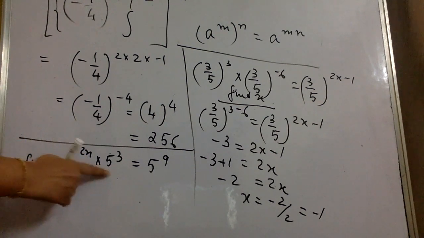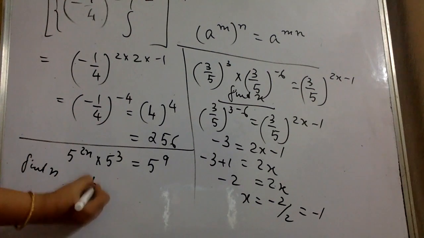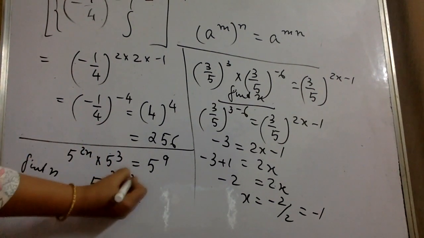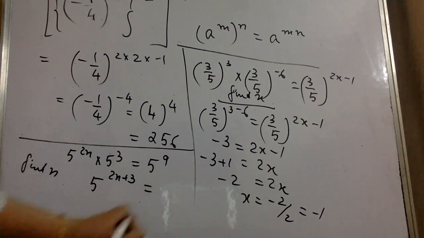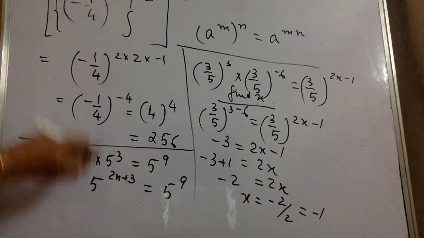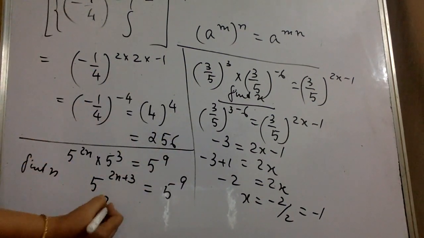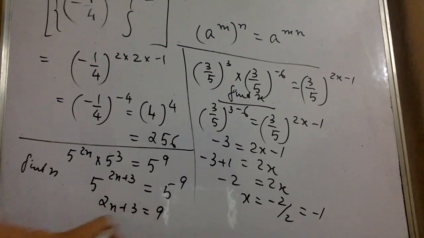Now again the base is same, let us add up the powers. This is the first law of exponents we are using: 5 to the power 2n plus 3 is equal to 5 to the power 9. Now the bases are same, the numbers are equal on both sides, hence powers have to be equated. 2n plus 3 is equal to 9.